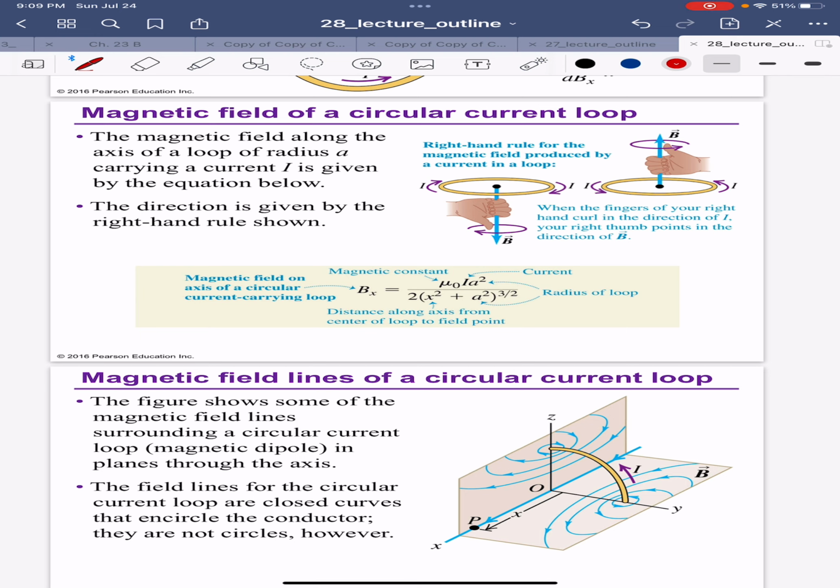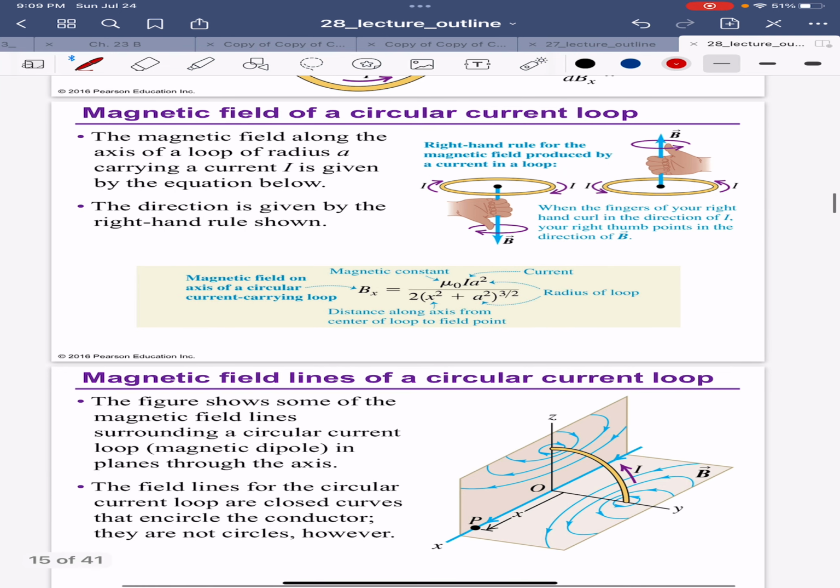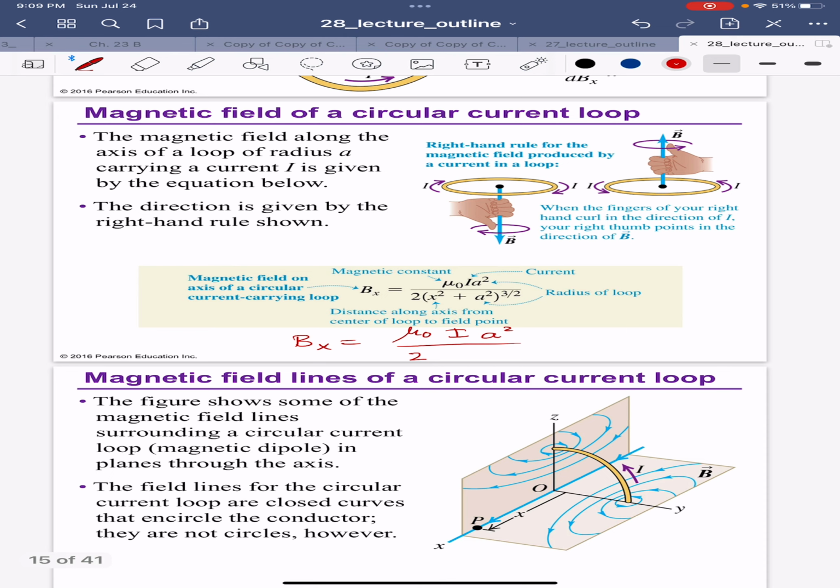If we want to find the magnetic field at the center, then x is going to be 0, and then B is going to be mu 0 I a squared over 2, and x squared is going to be 0, so this is a squared to the 3 over 2, which is going to be a cubed.